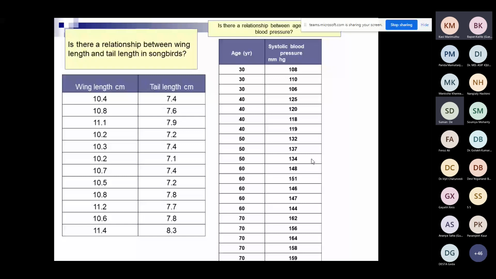So maybe you can have data like this: length and tail length, age versus systolic blood pressure. As age increases, is the systolic blood pressure increasing or not? Is there any relationship? For example, your age is 60 years old now. How much will my blood pressure approximately be? I can anticipate based on this. Do you think only age influences?